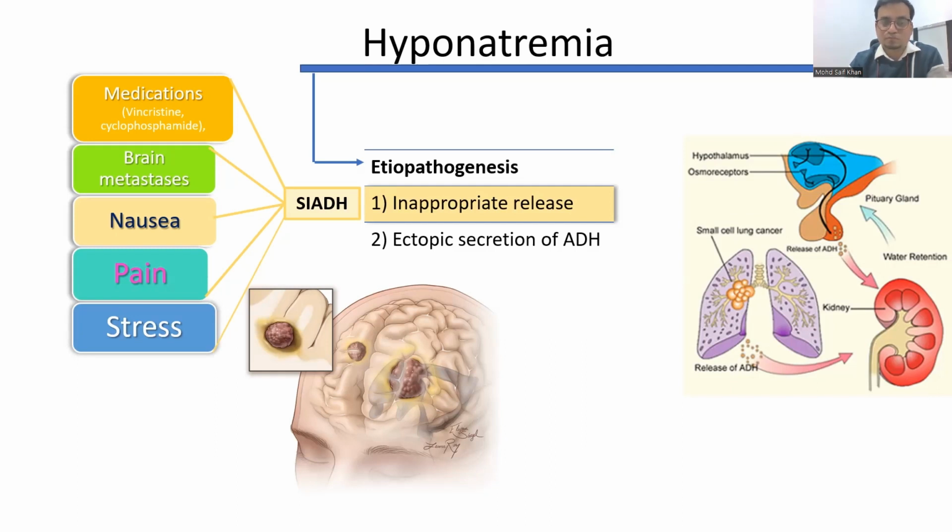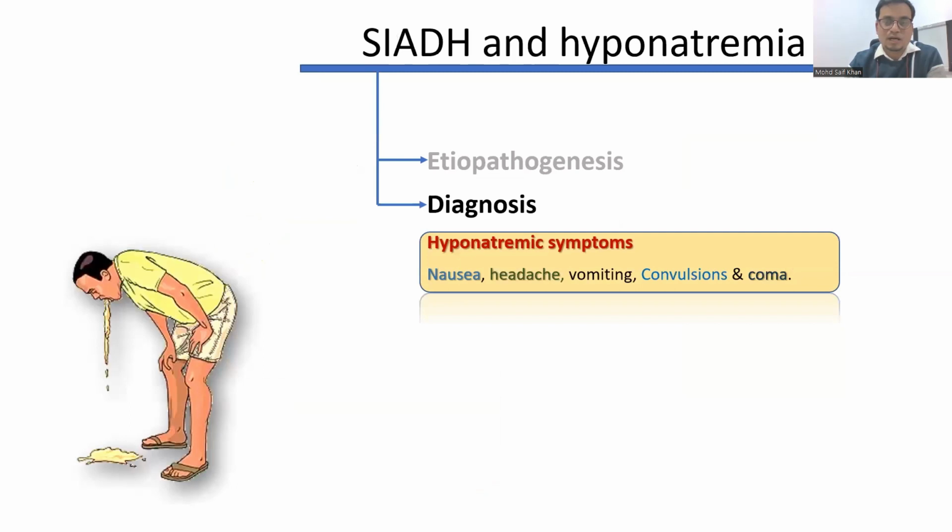Less commonly, ADH is produced and released ectopically from tumor, particularly small cell lung cancer. Hyponatremic symptoms may be mild to moderately severe depending upon the acuity of onset of hyponatremia.